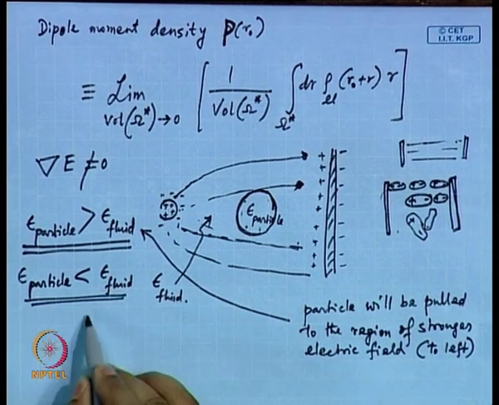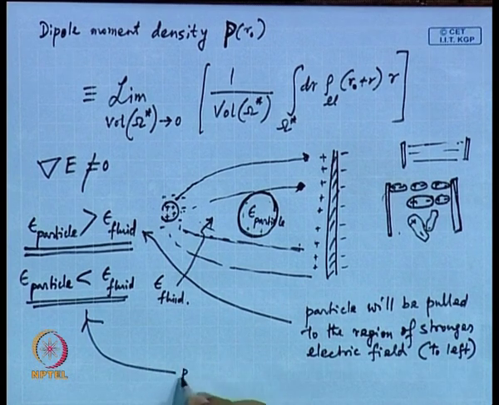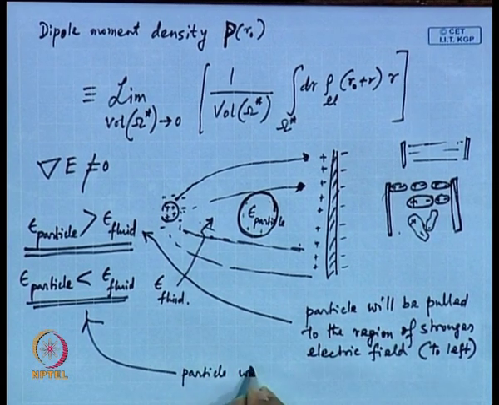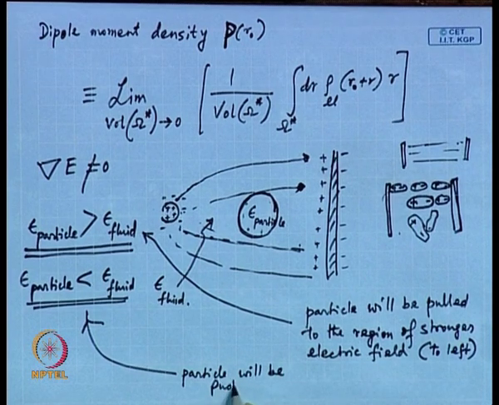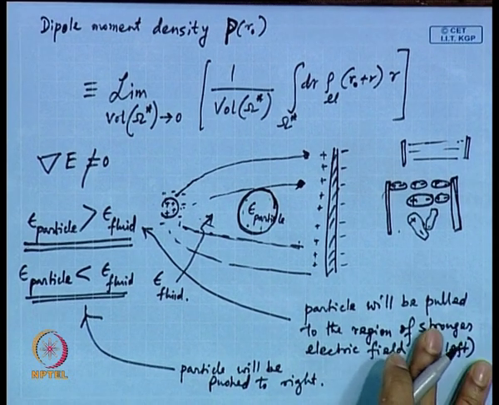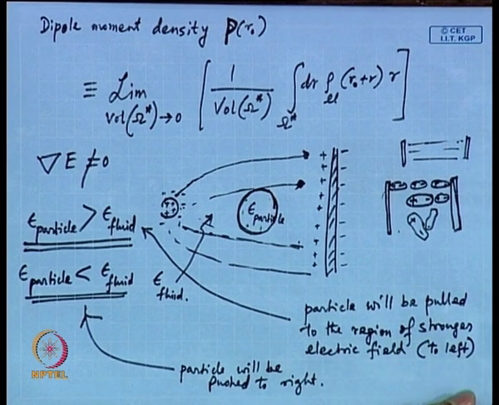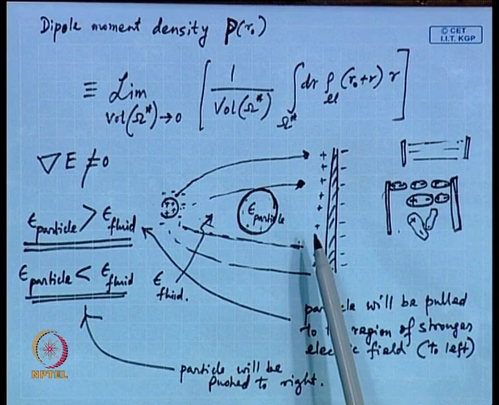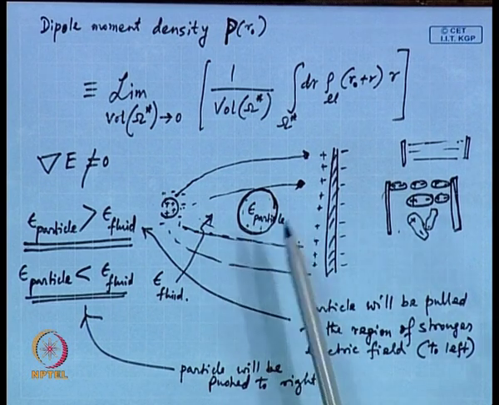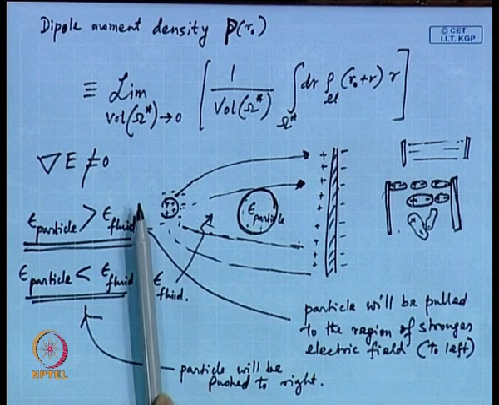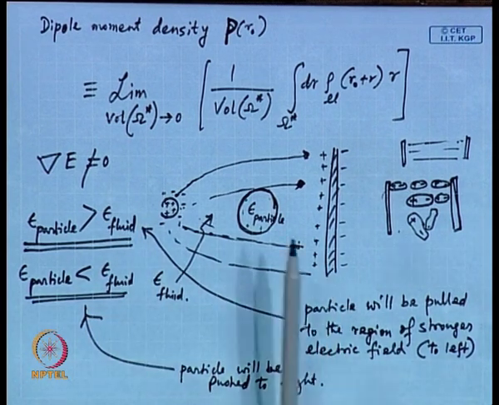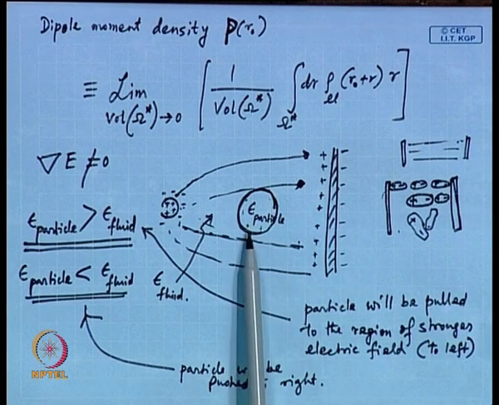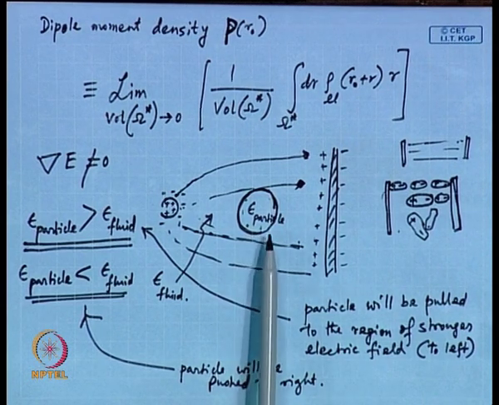And when this is the case, then the particle will be pushed to the right. So, what you basically do here is you are creating a non-uniform electric field, and by imposing a non-uniform electric field you are pulling some particles and not pulling some other particles depending on the dielectric constant of that particle. So, that is the bottom line of what we discussed so far.